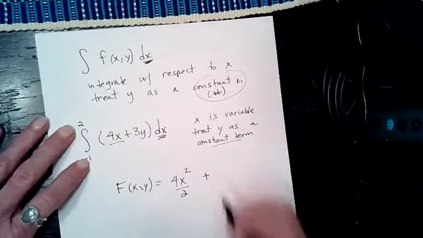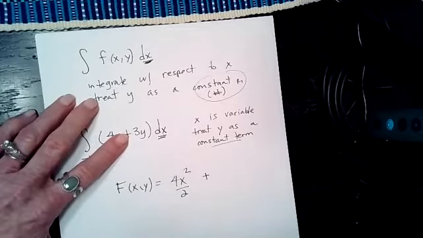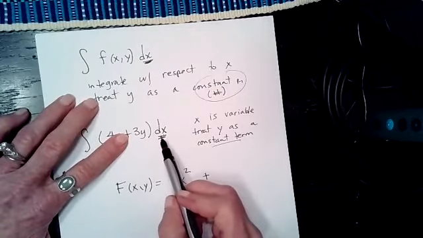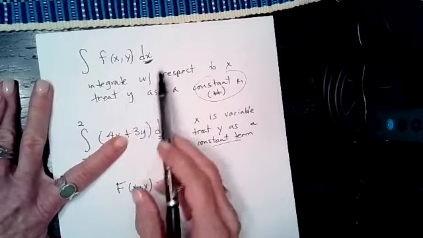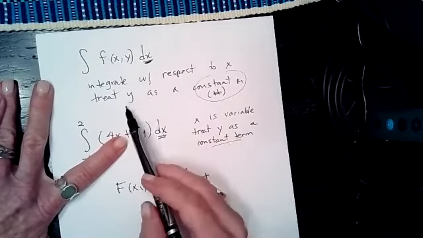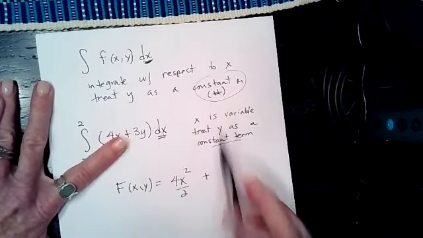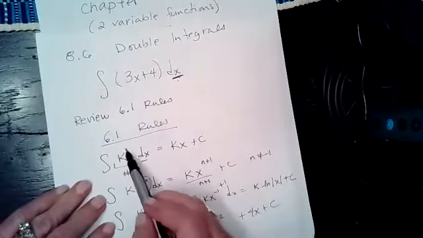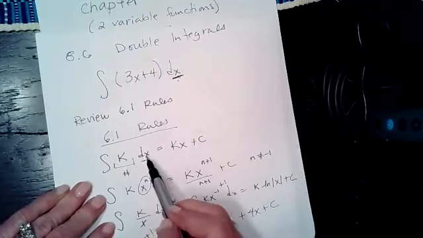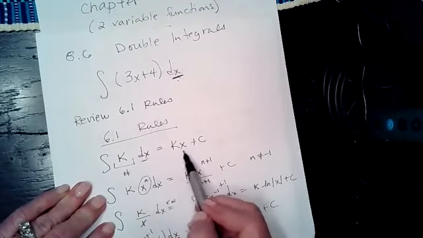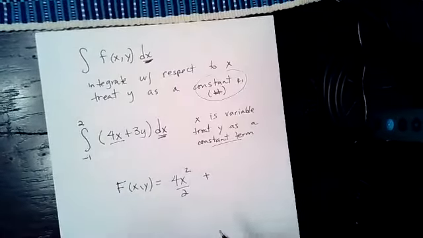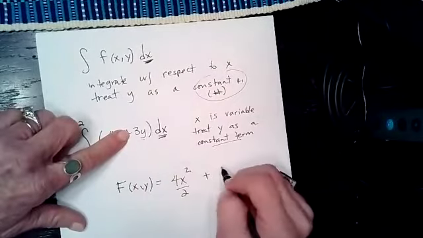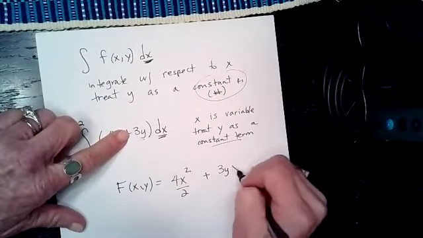Okay, plus when I integrate 3y with respect to x, I have to treat y as a constant term. So I have to go here and go, how do I integrate a constant term with respect to x? Well, I just increase it by x. So if I integrate 3y with respect to x, that's just 3yx.